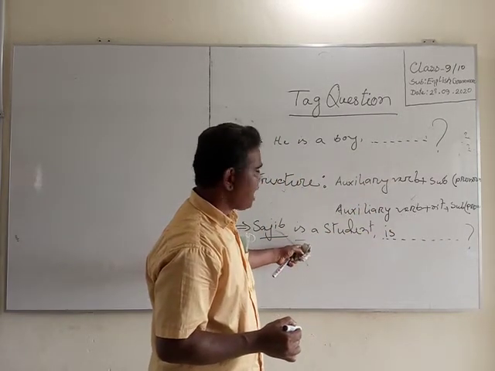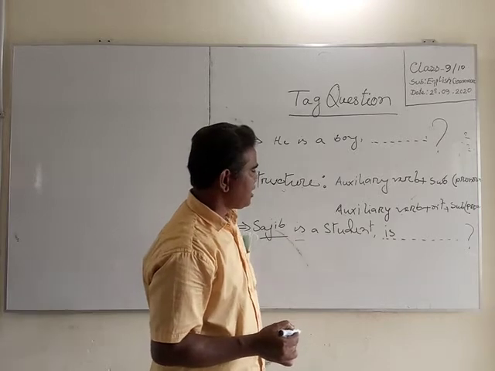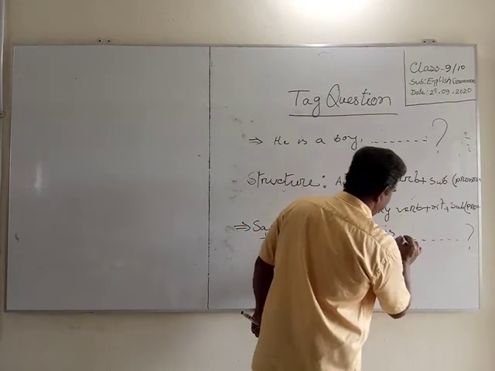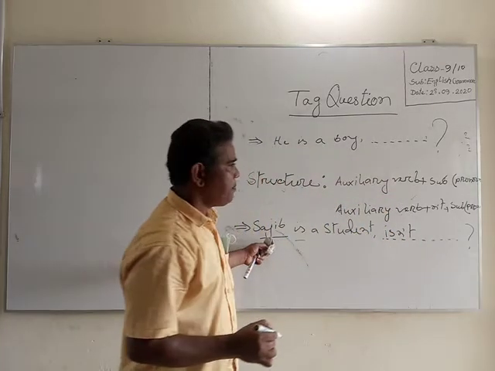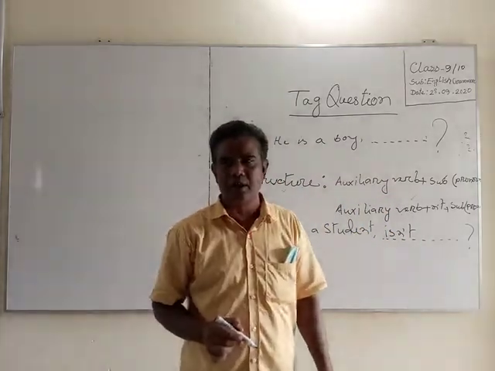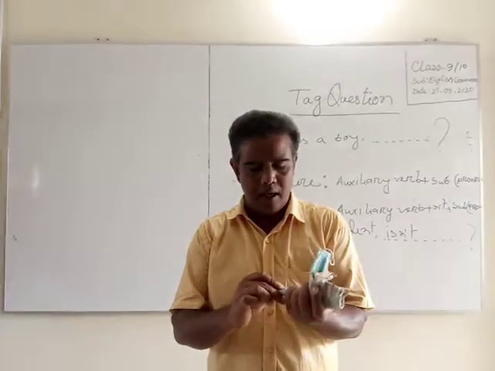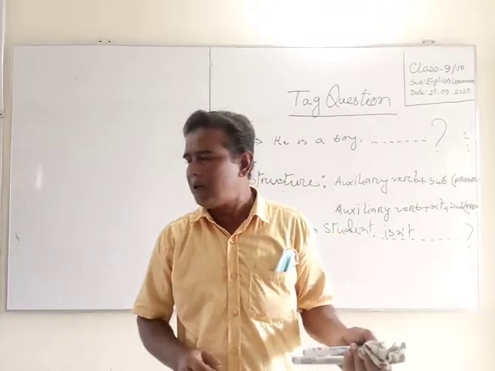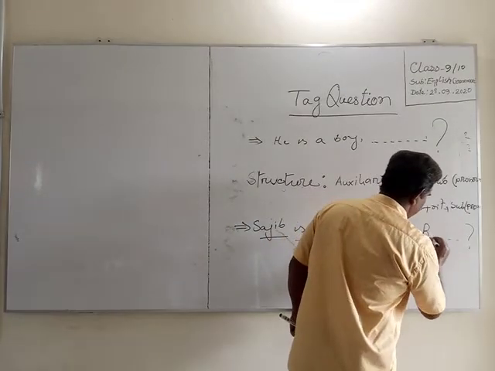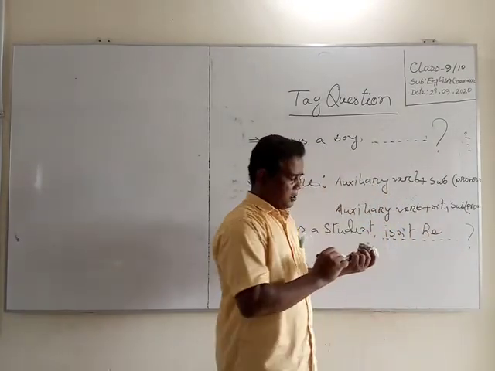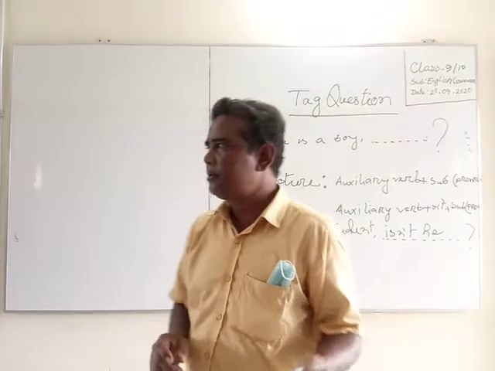So I have to write the answer negative, with the tagging not. And Shojib is a male person. Male person singular means he, female person singular means she. Dear learners, have you got it?